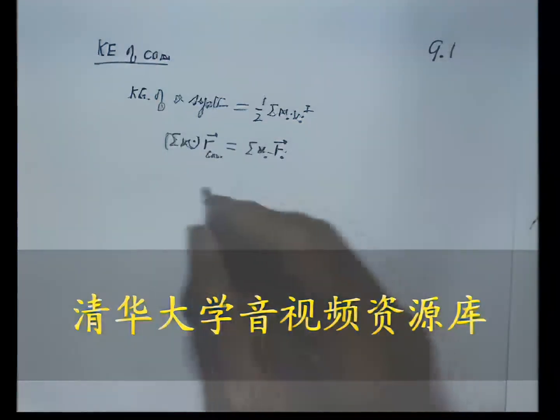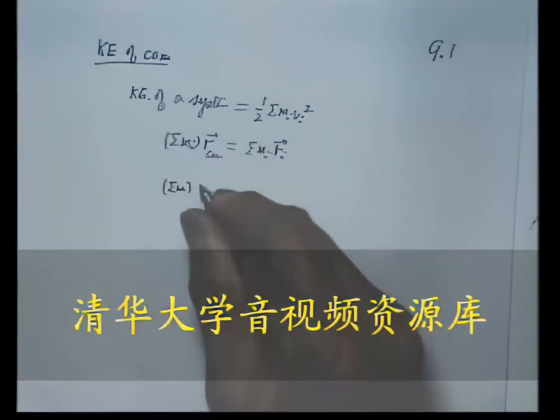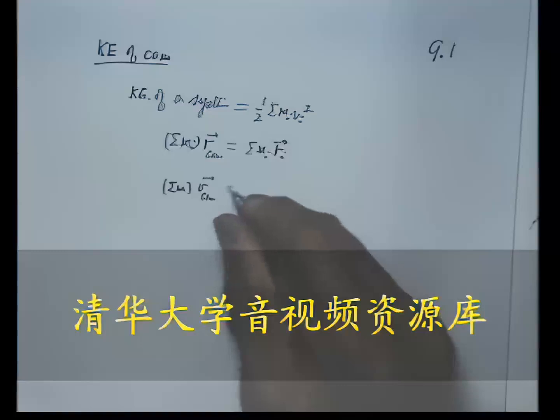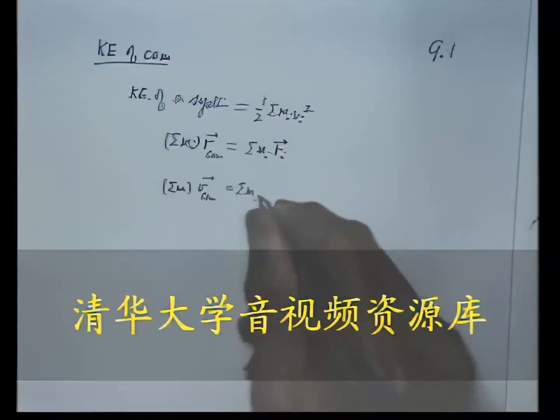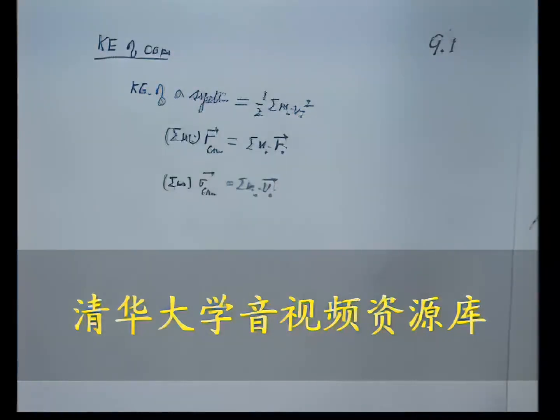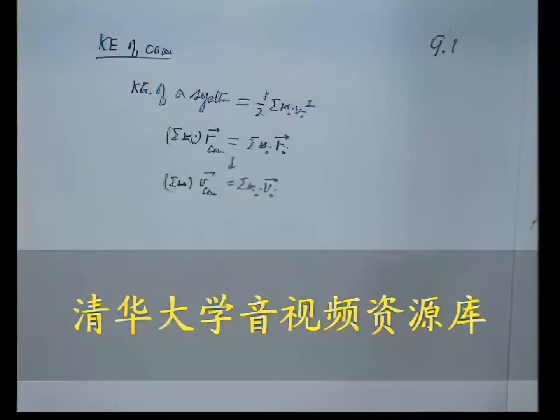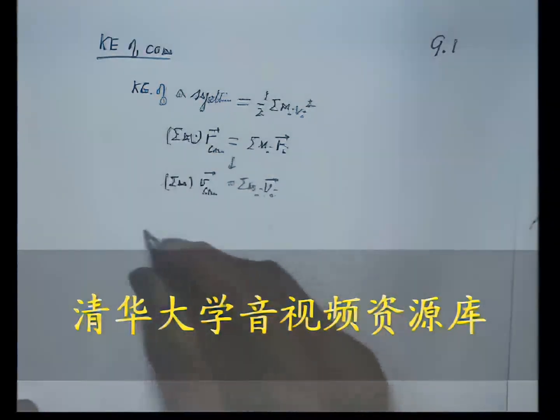If we take the derivative of this with respect to time, we get, so we define something called the kinetic energy of center of mass.